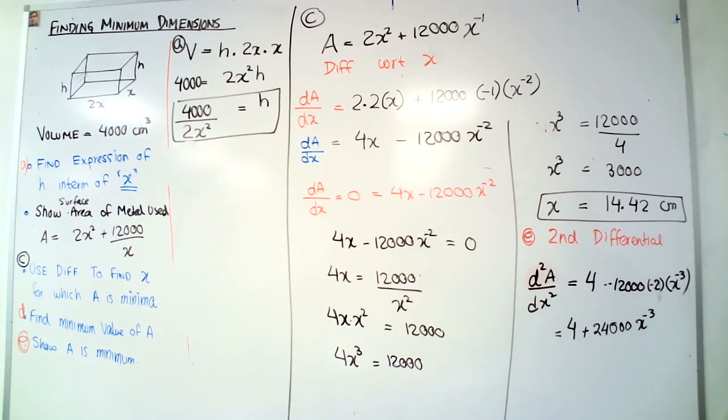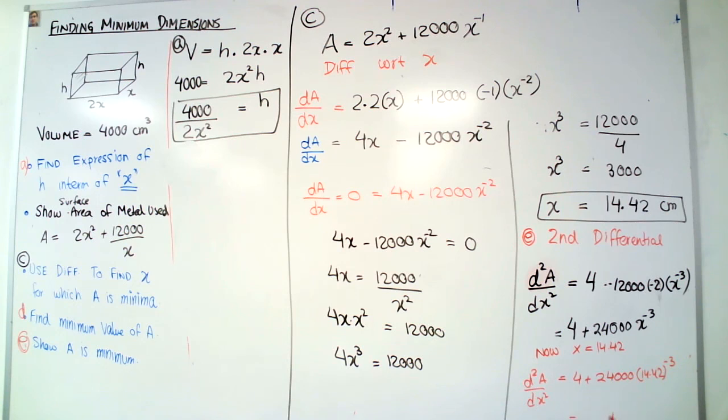Now what I need to do is put the value of x here. Now put x equals 14.42. So 4 plus 24,000 times 14.42 to the minus 3. You don't have to even find the value.